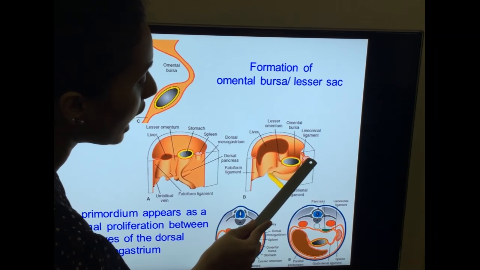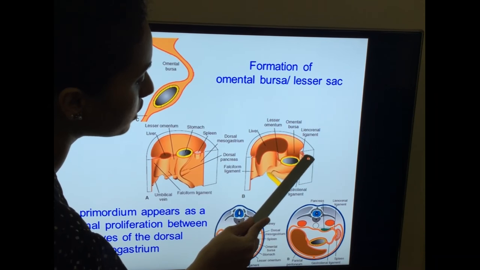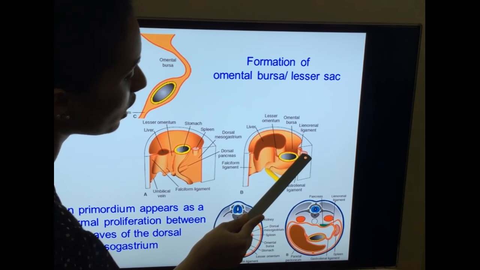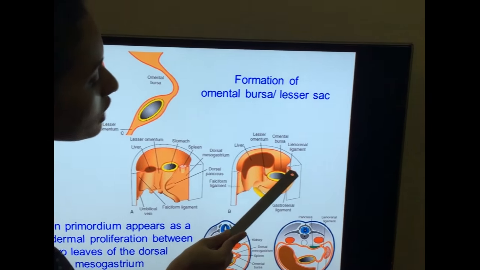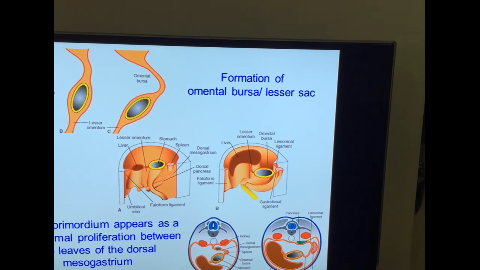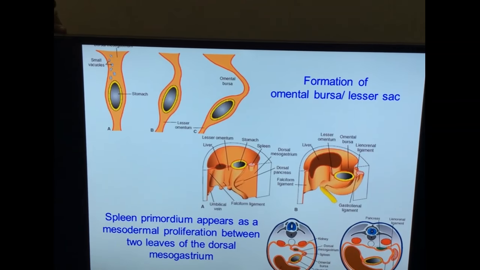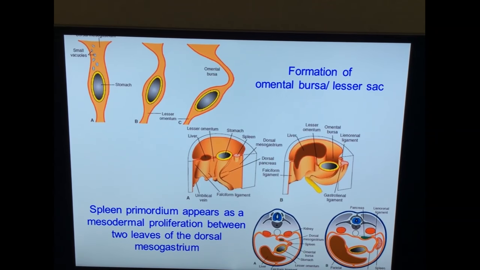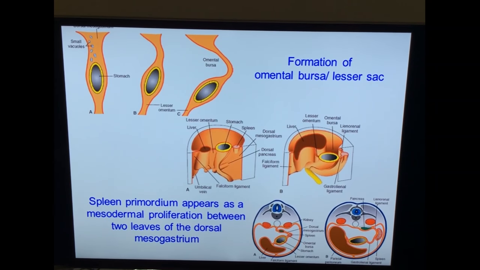And from the spleen to the left kidney, this is called the lienorenal ligament, from one organ to the other organ. So there will be formation of two ligaments on the posterior aspect of the abdomen, and also there will be formation of a bursa or a sac called the omental bursa or lesser sac.